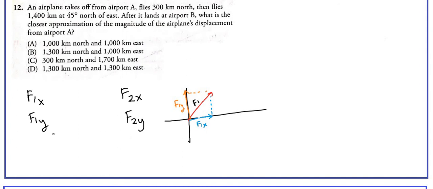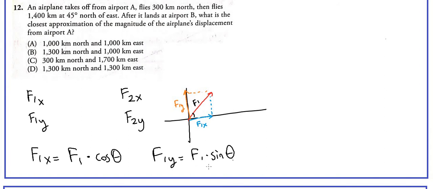And the formula to get the x component is whatever the magnitude of the vector is, let's say f1, times cosine theta, the angle between the vector and the x component, or the second vector. And for the y component, we multiply the vector by sine theta, which is the angle between the two vectors.